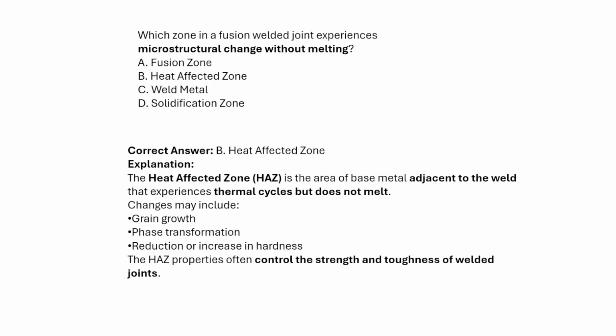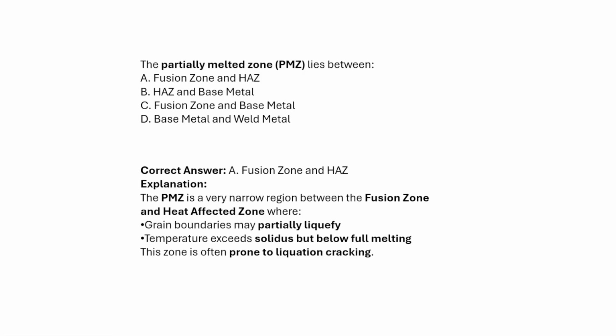Weld metal is the same as the fusion zone. Solidification zone is also not. So the answer is the heat affected zone. It is the area of the base material adjacent to the weld that experiences a thermal cycle but does not melt. The changes may include grain growth, phase transformation, and a reduction or increase in hardness. HAZ properties often control the strength and toughness of the weld joint.